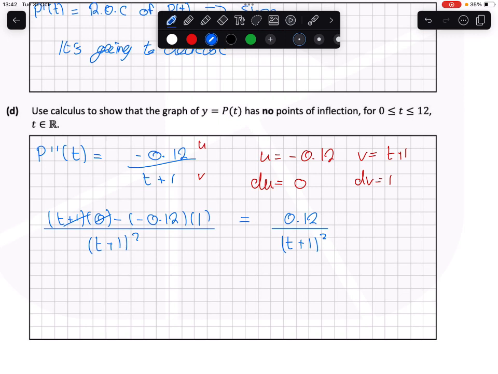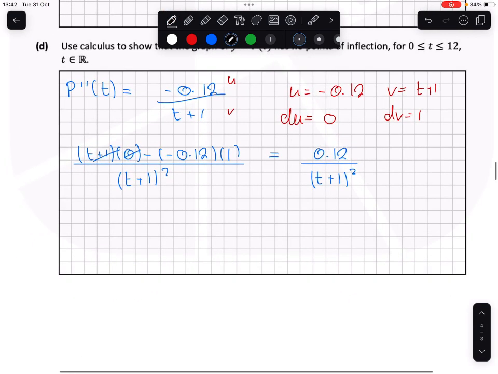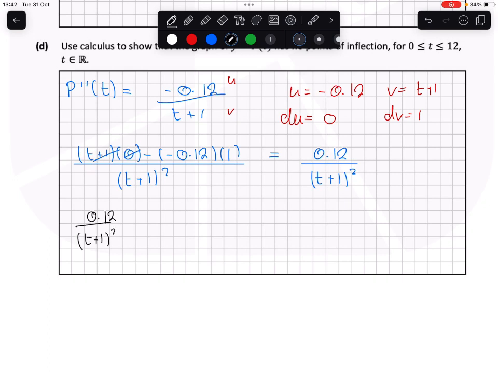This means because for this to equal 0, we're going to have to multiply both sides by t plus 1 squared. So in other words, what we're actually going to have is 0.12 all over t plus 1 squared equal to 0.